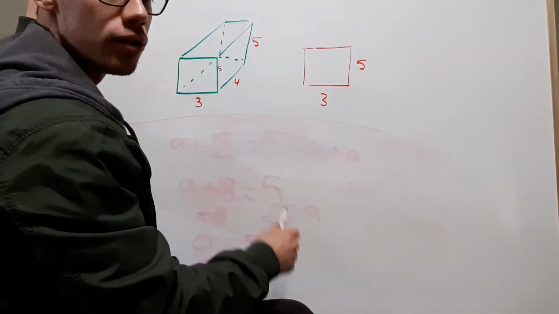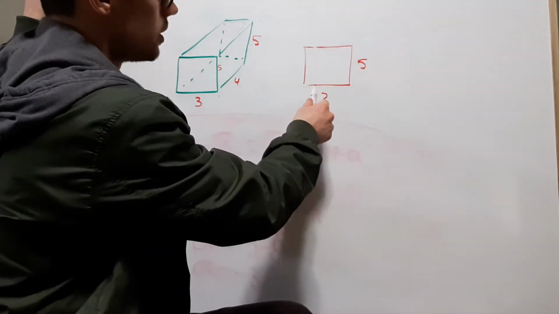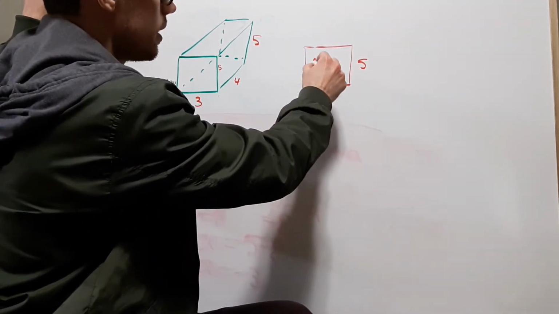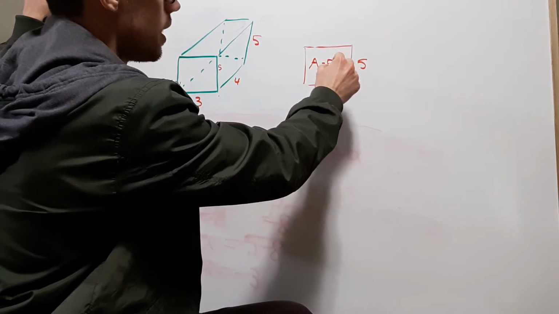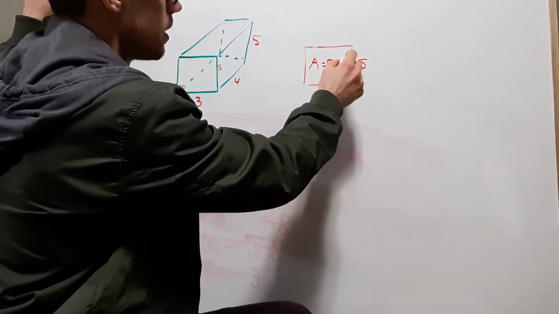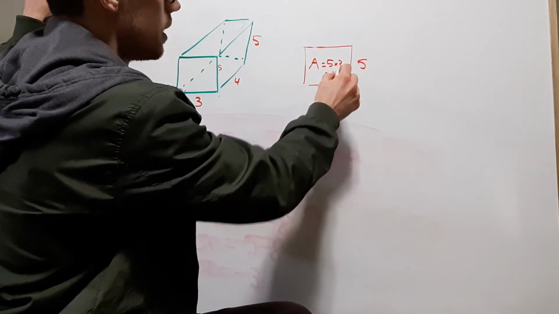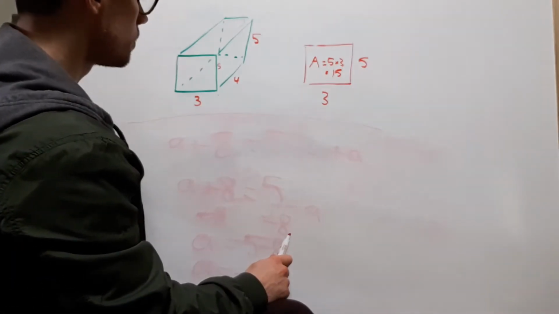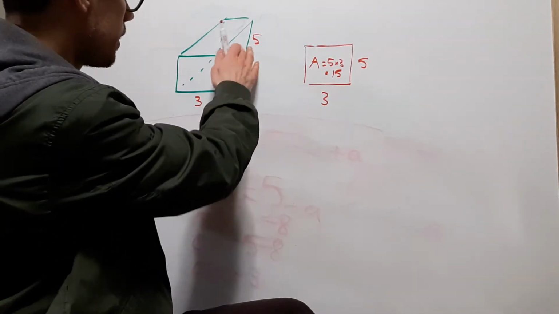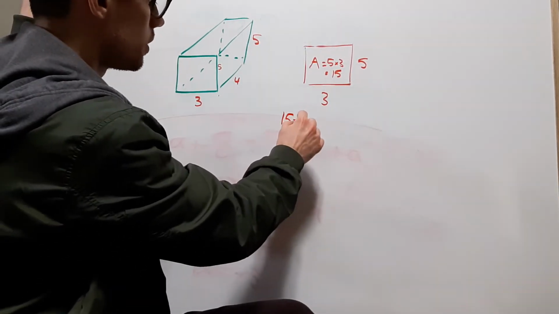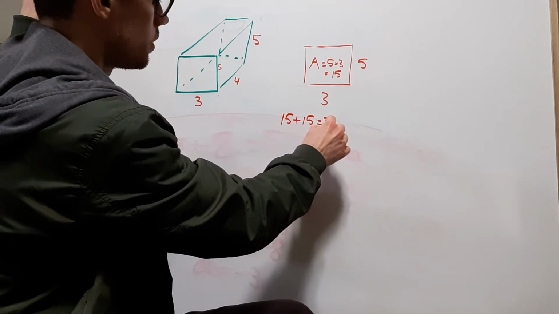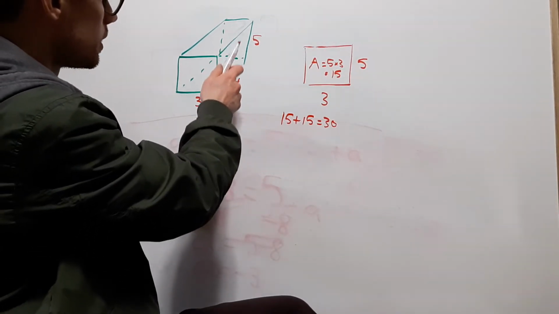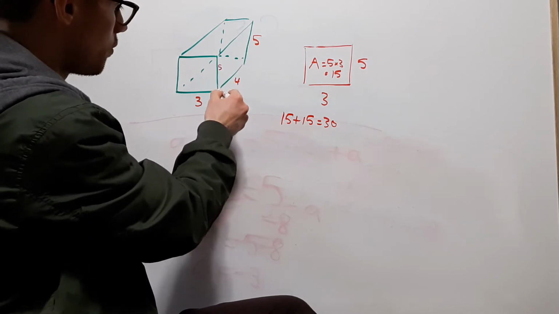Now the area of any rectangle or square is just the width times the length here. So the area is going to be 5 times 3, and that is 15. So we have the front and the back, which are both 15. So the area of the front and the back is going to be 15 plus 15, which is 30. The area of the side is going to be 5 by 4.